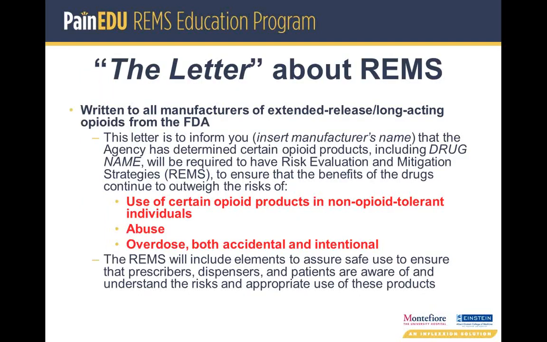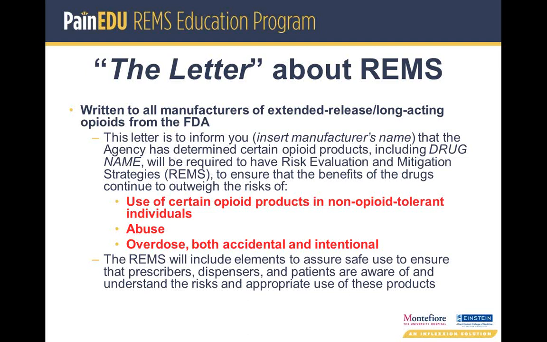So if you think about everything that we've talked about up until this point, it brings us right to what I always refer to as the letter. There was a letter sent to all manufacturers of extended-release long-acting opioids from the FDA, letting them know that a REMS was going to be required for this class of medications.